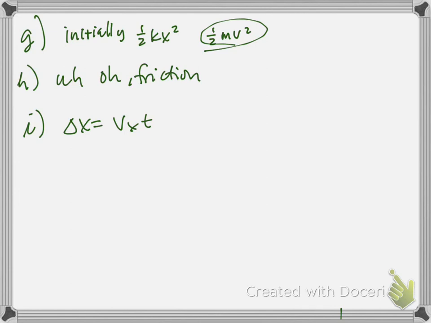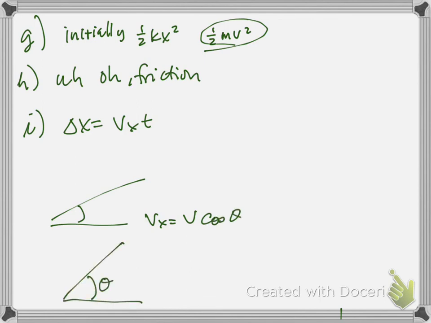How would the slope be different if the ramp angle were larger than theta, but less than 90 degrees? So let's say this is our original angle here. My Vx then is V cosine theta, right? Now, if the launch were steeper, but not 90, my Vx is again V cosine theta, but as theta increases in the first quadrant, the cosine decreases.